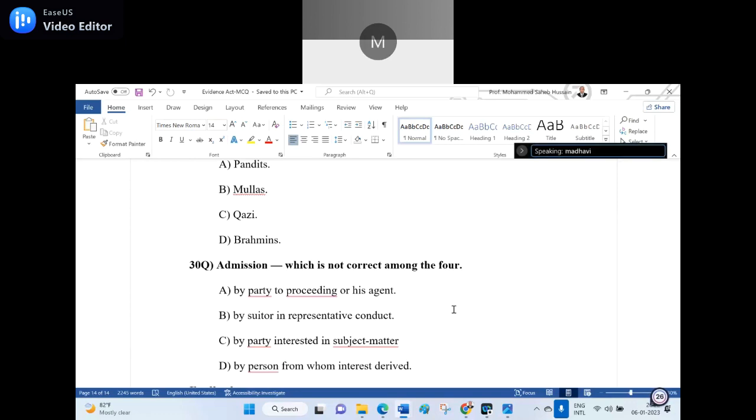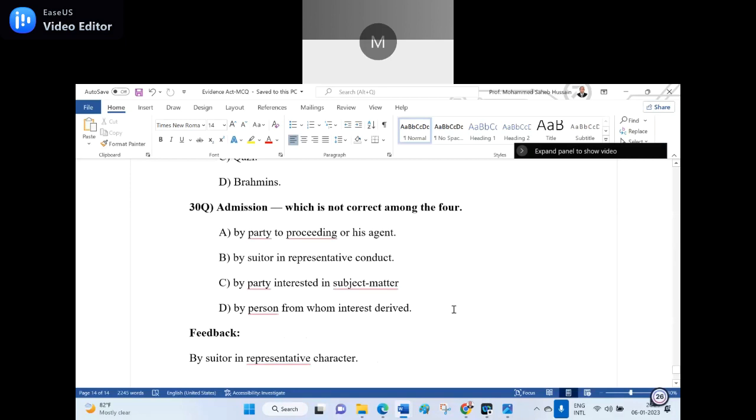Option A, a party. Wrong. Option B, sir. If I say option B, that is the not correct answer. What should be the not correct word here? Can you tell me? By suitor, by suitor in representative conduct.